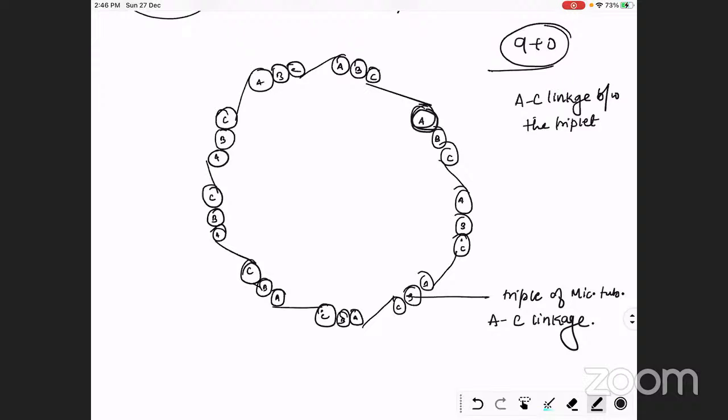And the central part is a proteinous part. This proteinous part is known as the hub.